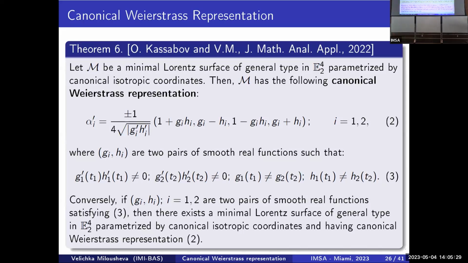And conversely, if we are given two pairs of smooth real functions satisfying these conditions 3, then there exists a minimal Lorentz surface of general type, which is parameterized by canonical isotropic coordinates and has this Weierstrass representation too.